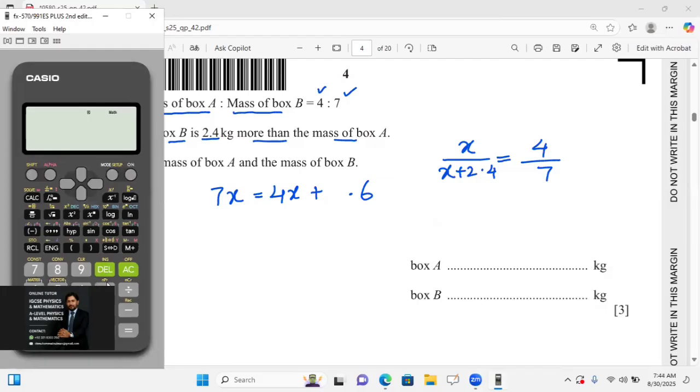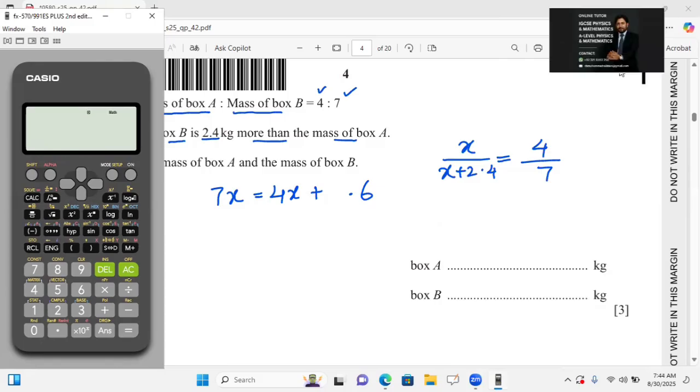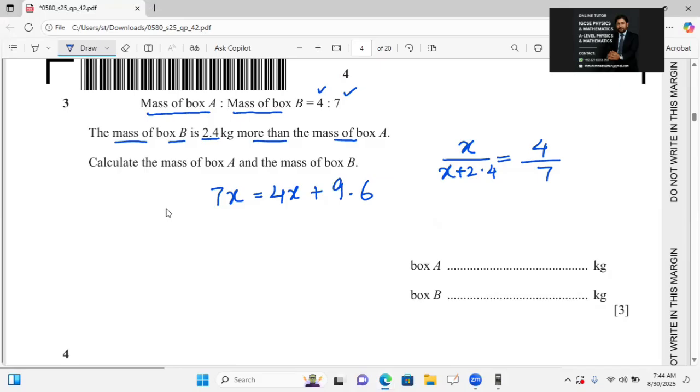Let's move to this: 4 multiplied by 2.4 is 9.6. Later on, we can use the calculator. It is 3x is equal to 9.6, because 4x is subtracted from that side.